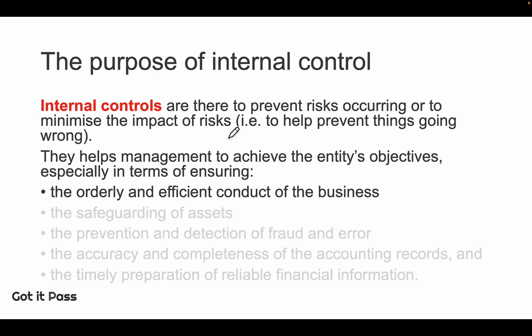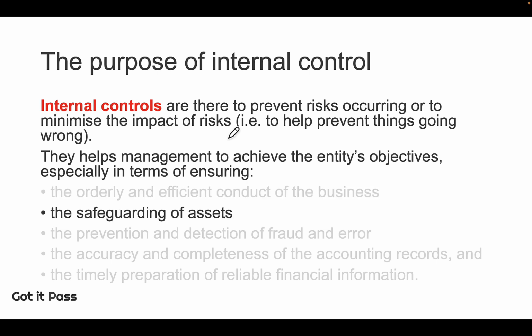First, the orderly and efficient conduct of the business. Second, safeguarding of assets like inventory, cash or fixed assets. Third, the prevention and detection of fraud and error, just as in the bottled water example.